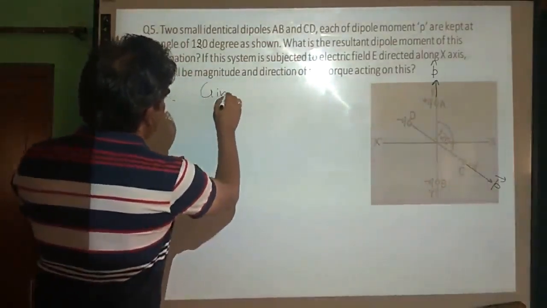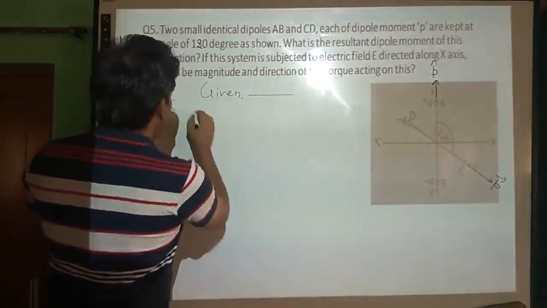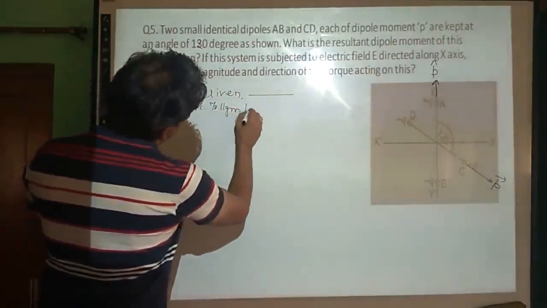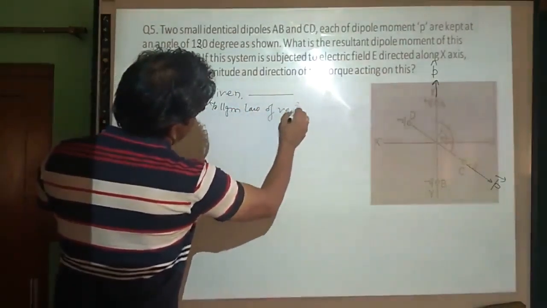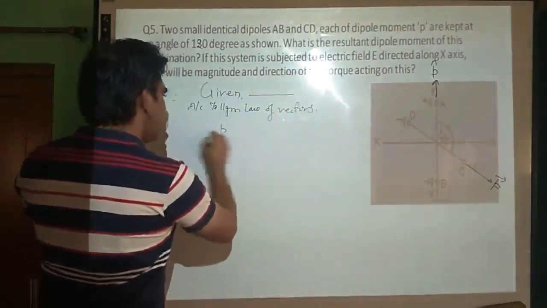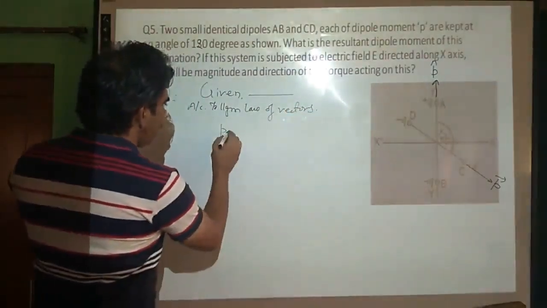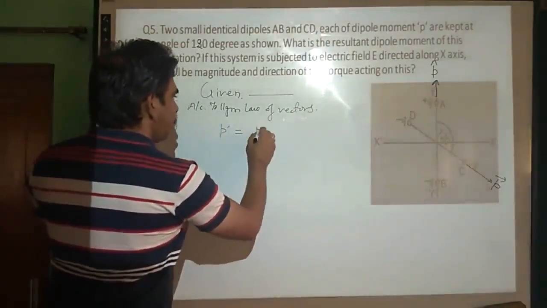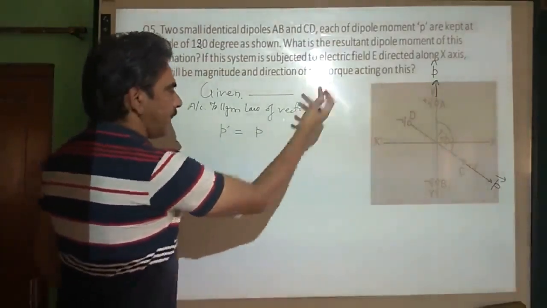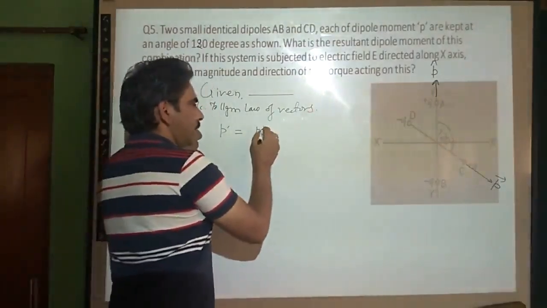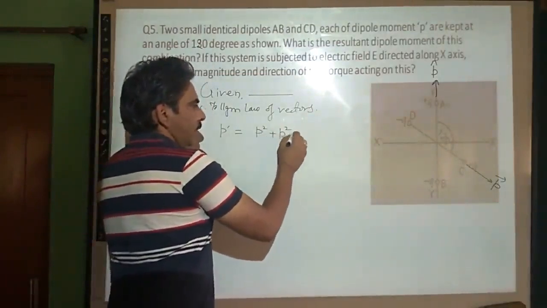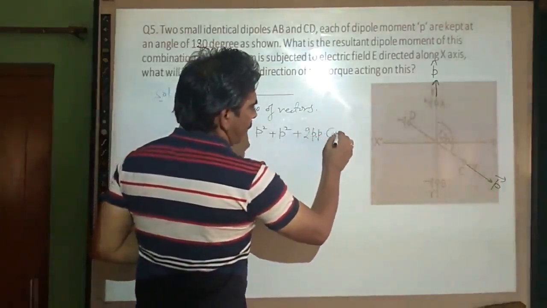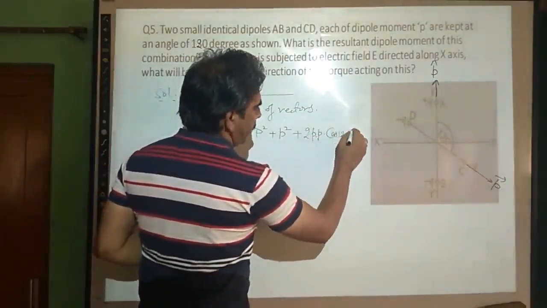In the first step you can write what is given in the question, and then according to the parallelogram law of vectors, the resultant dipole, let me write it as P dash, is given by the first dipole moment, because both are same, P square plus P square, plus 2 into P into P cos of the angle between them, which is 120 degree here.